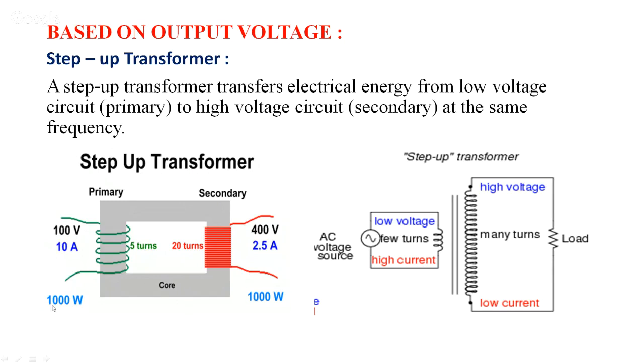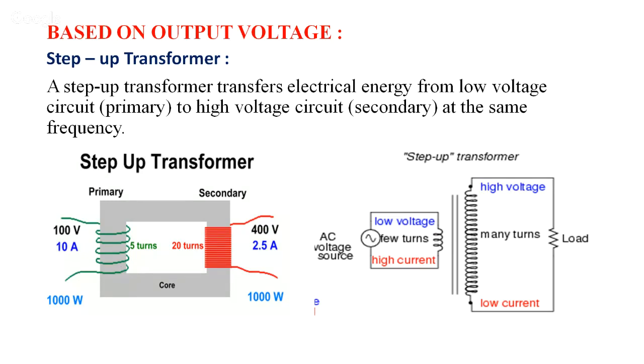That is, there is no change in power. At the input also we have 1000 watts, at the output also we have 1000 watts. So at the same frequency, the voltage has been transferred from the primary side to the secondary side, but there has been an increase in the voltage.